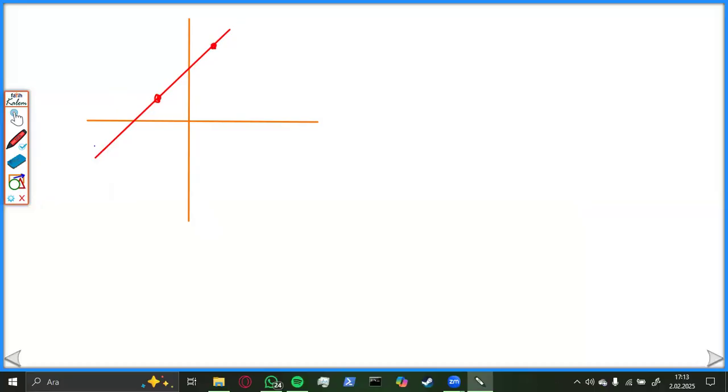Assume that we know 2 points on the line, for instance the point 1 and 7, and the point -1 and 2. By using this information, I'm going to show you two different ways.